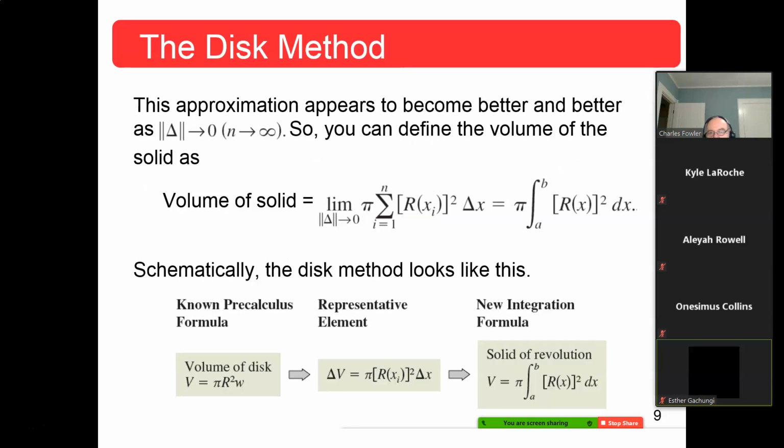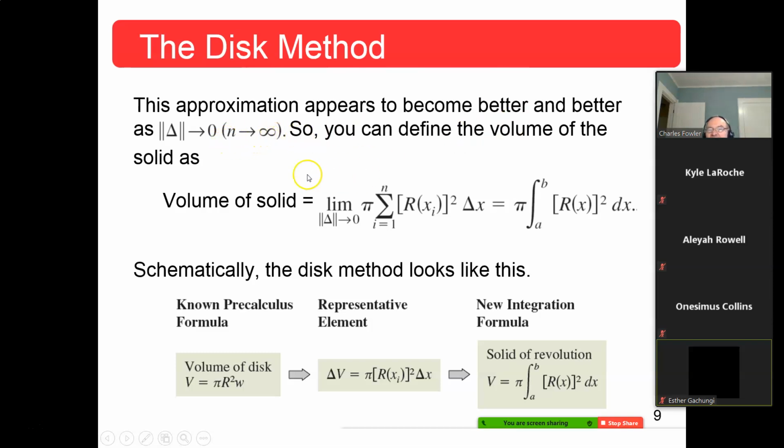Remember, this r of x sub i was your function value describing that curve that we started with. Okay? So that approximation appears to become better and better as your norm, remember, that's what this stood for, the maximum value of your partition, however you split up that region, the norm is the maximum delta x that you had there. As that maximum value goes to 0, every one of them is going to 0, in other words, n is going to infinity.